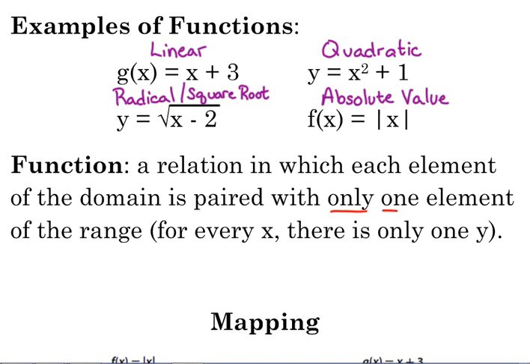So only one being the key here. Now, a simpler way of saying that is that for every x, there is only one y. That probably makes a little bit more sense to you, or is something you're a little bit more familiar with up to this point.